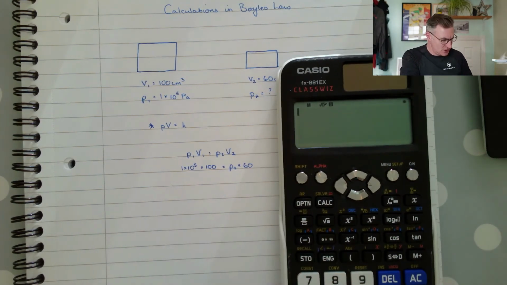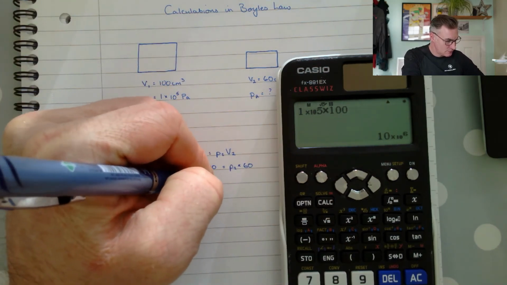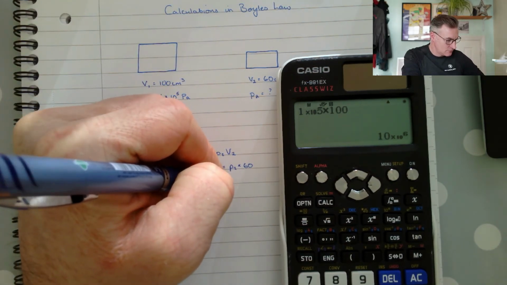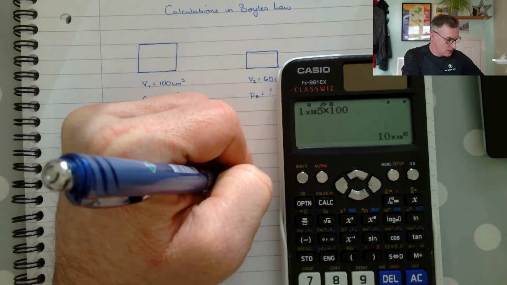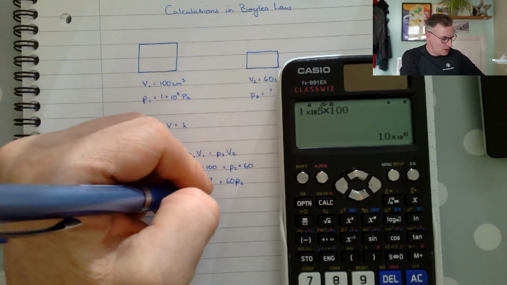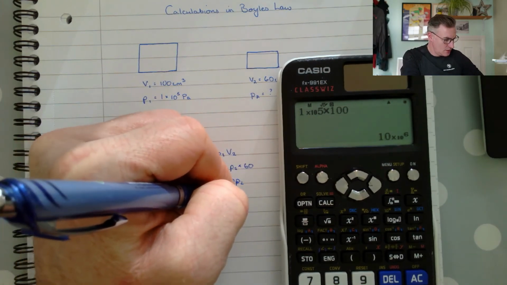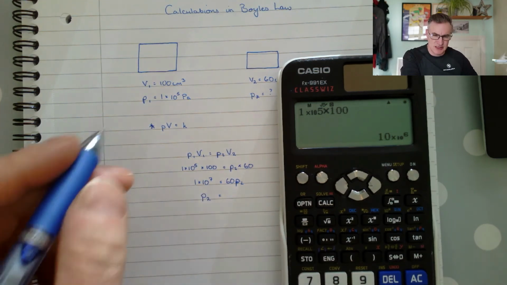And so we'll just have 1 times 10 to the power of 5 times 100, which will be 1 times 10 to the power of 7, is equal to 60 P2, and then P2 is equal to that divided by 60.